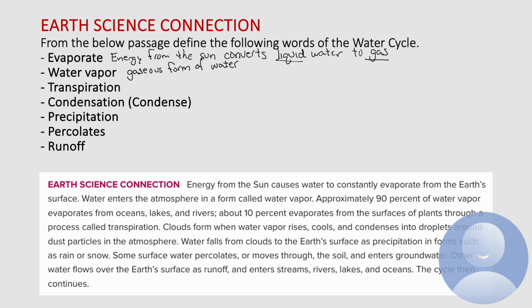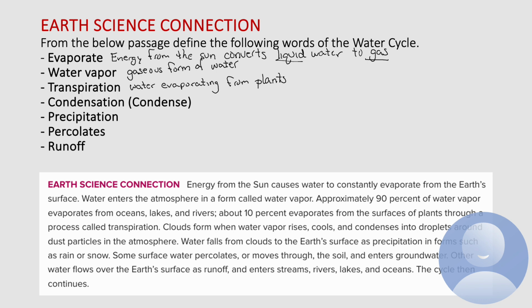Next, we have transpiration, and this is water evaporating from plants. Okay, so this is how water vapor enters the atmosphere from plants and not just from heating up the liquid water on the surface.